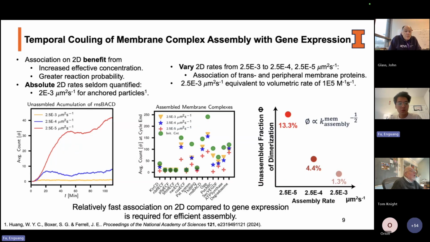However, the absolute 2D rates of association were seldom quantified until a recent paper for membrane-anchored particles.